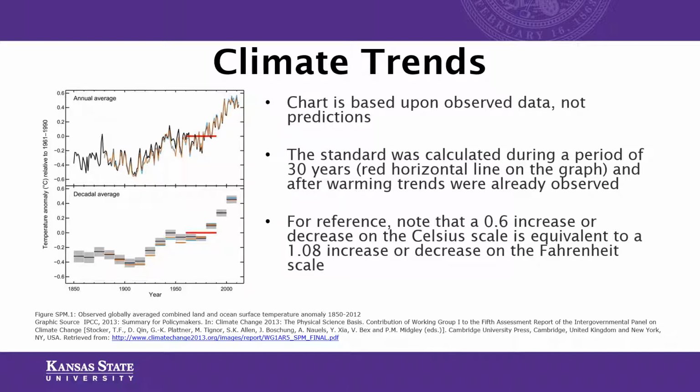So not just relying on one data set of measuring temperatures, but taking 3 different data sets, averaging those 3 data sets, and measuring both land temperatures and surface ocean temperatures. And you can see it goes back to 1850 all the way through 2012.